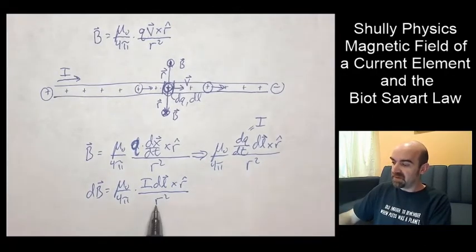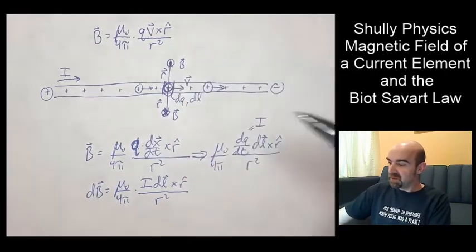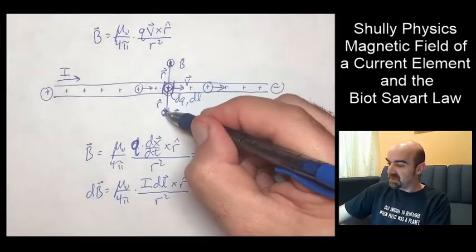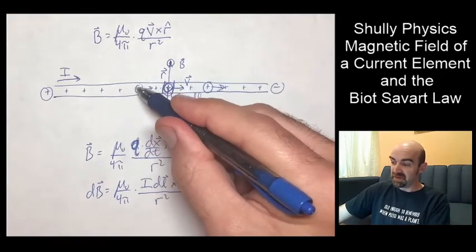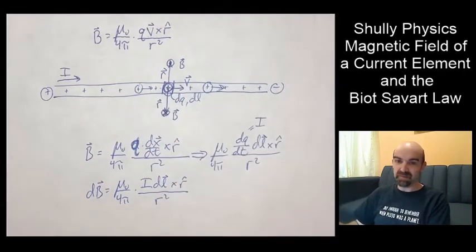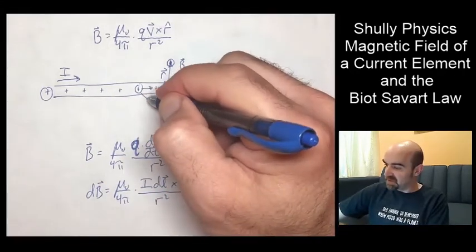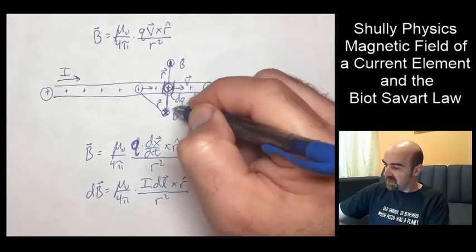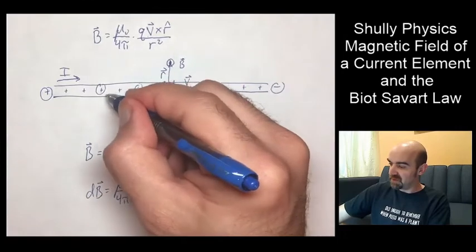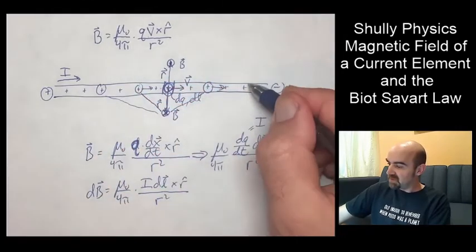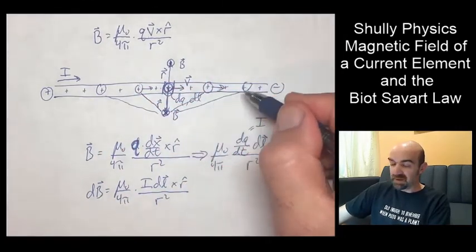Of course, the distance r would be the distance from each of these little points to that point. So the r does tend to change. You'll see there's a different r from all those little pieces. And we can even look at this piece over here. So it can get kind of ugly.